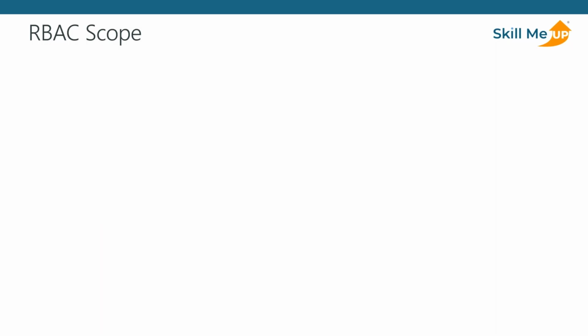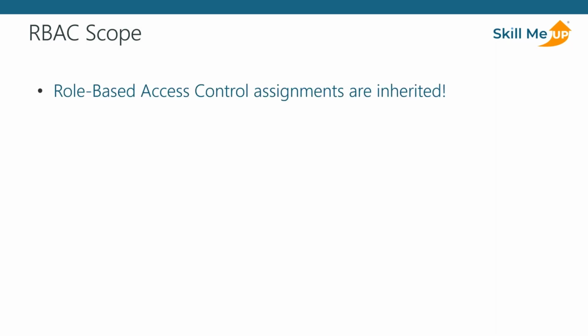And really a couple of notes about the role-based access control assignment scope. Our assignment scopes are inherited, which means that if I assign something on top of a subscription, it gets inherited to any resource groups and any resources that ever will be created inside that subscription. And the same applies with any different scopes as well.